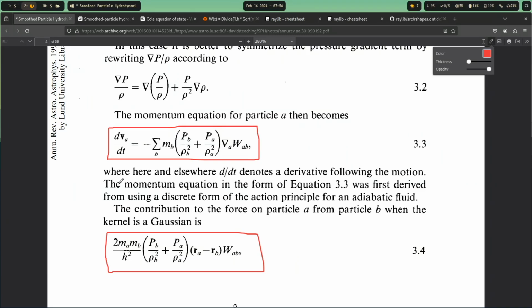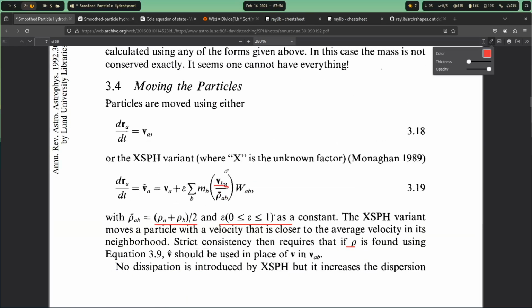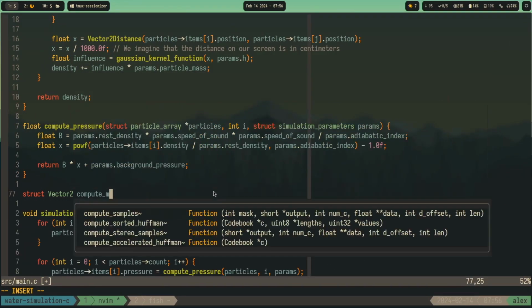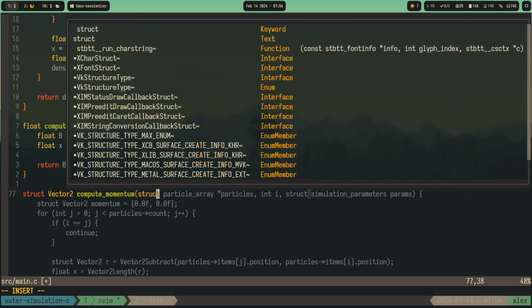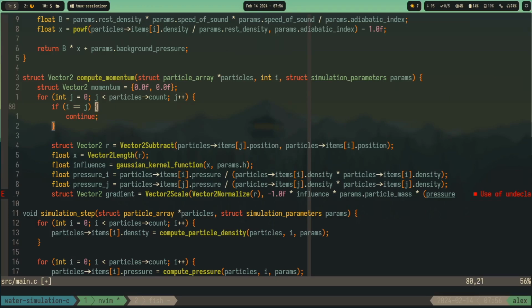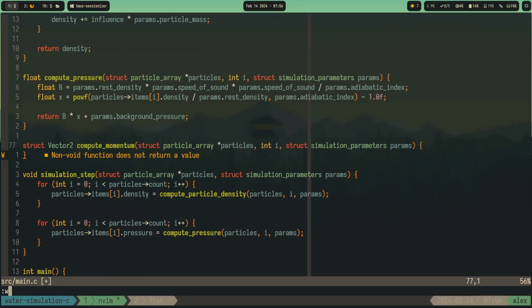But I think we might need just the momentum to be able to get this thing. So let's call it momentum. Right, and here we need, let's just generate stuff, and basically we have the particles, the particle for which we want to compute the momentum, and some parameters.